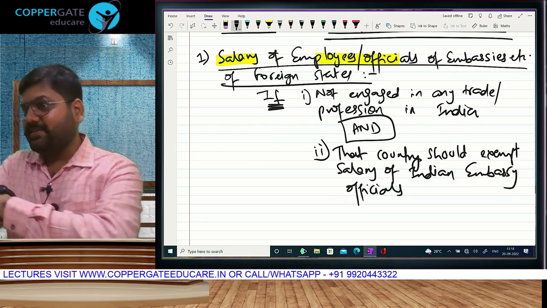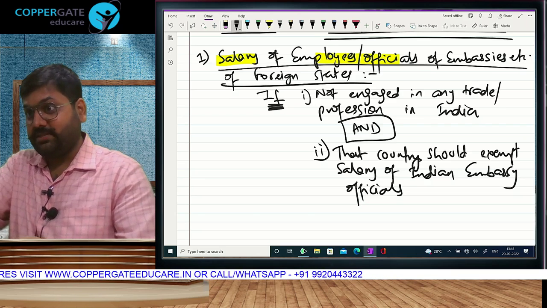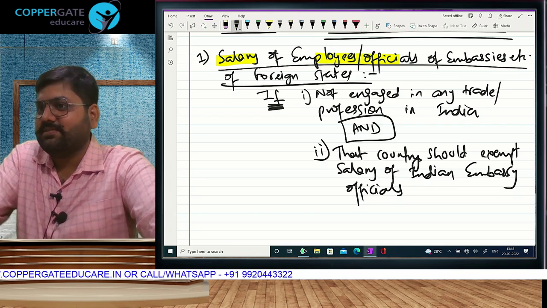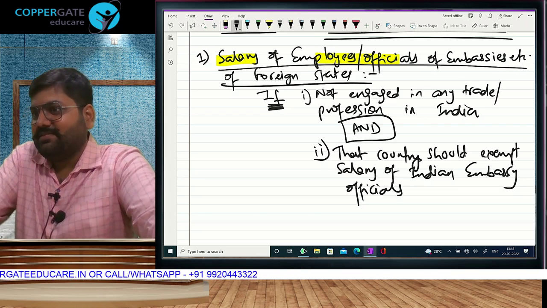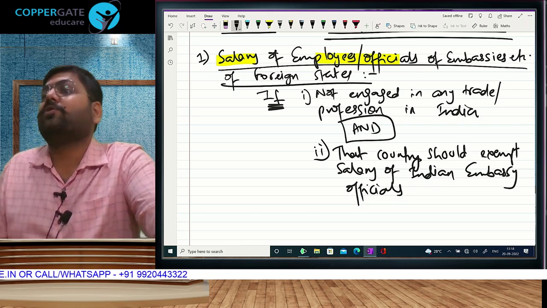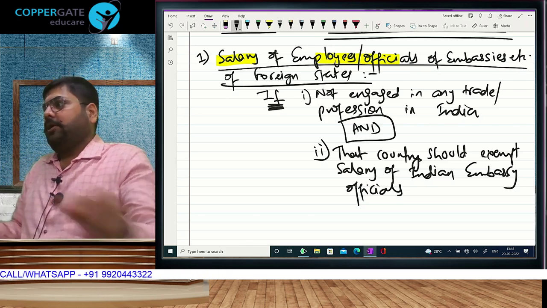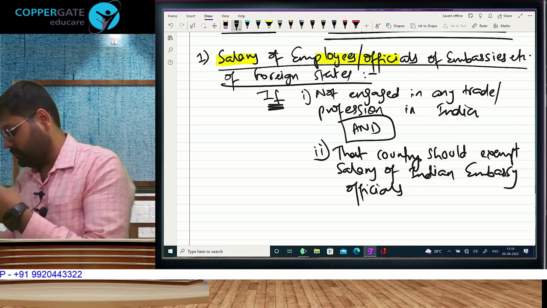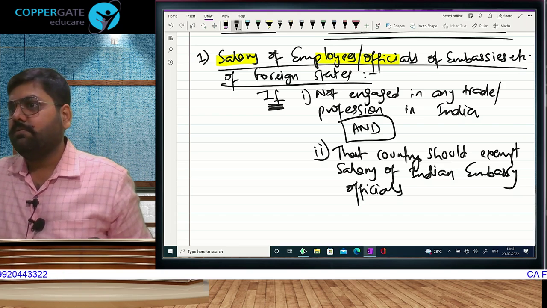If that country levies tax on Indian embassy का employees, तो that country का embassy का employees here will have to pay tax. Then exemption will not. See, this condition is what? To get exemption, this is the condition. It's not compulsory that everyone will fulfill the condition. There are some people who are not fulfilling the condition. तो क्या होगा? मर नहीं जाएगा वो by not fulfilling the condition.